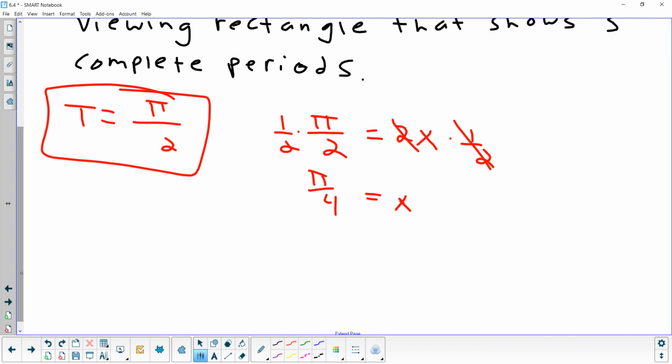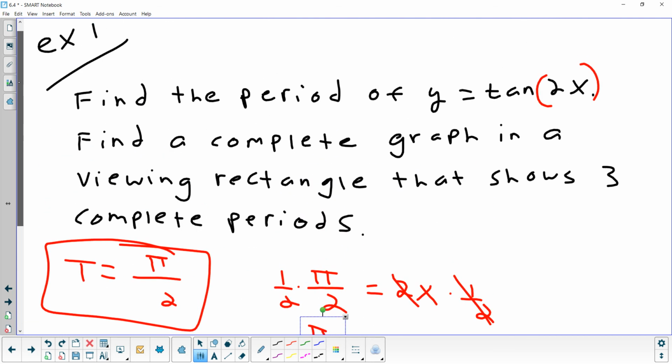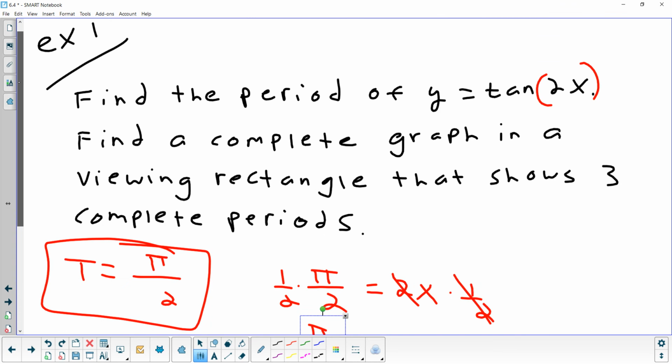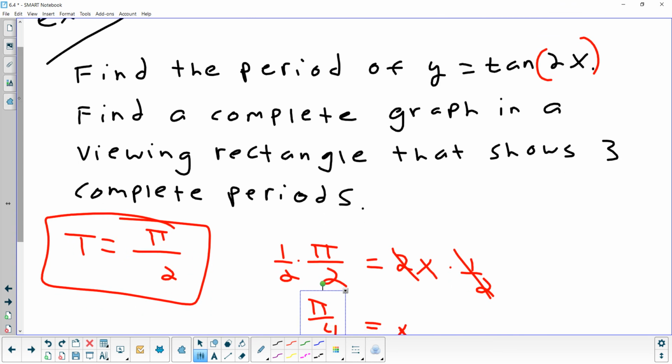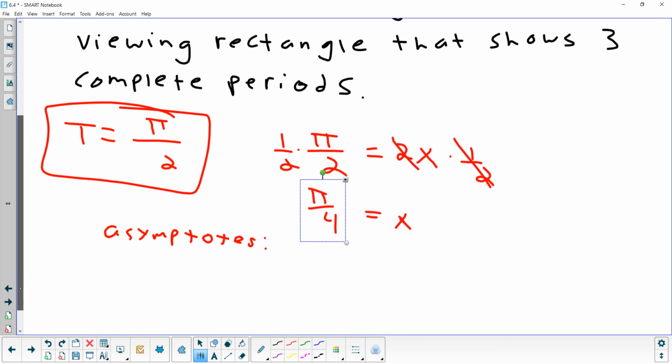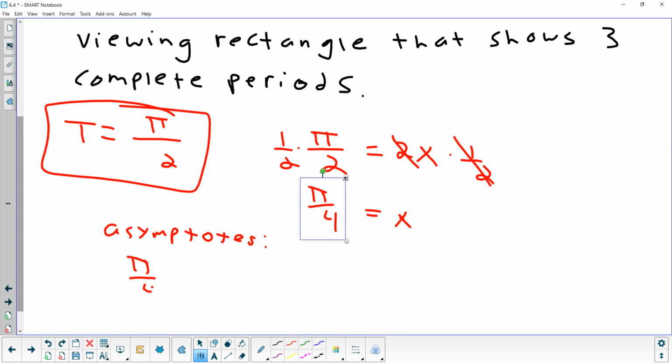So this asymptote is going to move to pi over 4 after you do that transformation, the horizontal compression by a factor of 2. So that asymptote is now at pi over 4, and you have to tell me how often that asymptote is going to repeat.